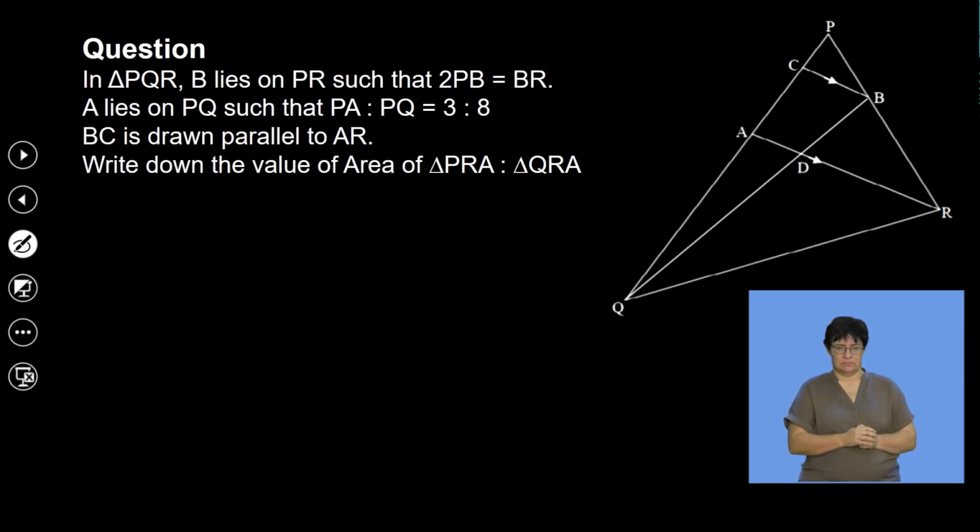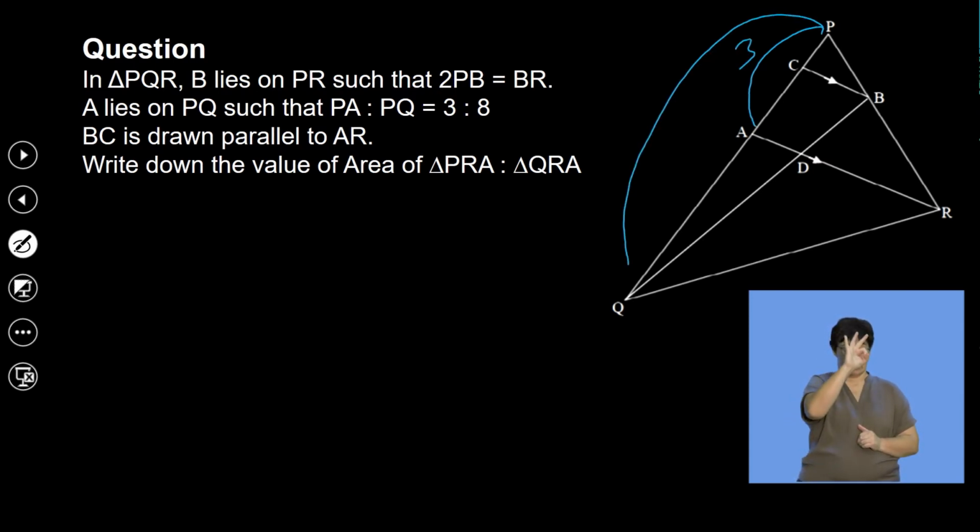Now, let's see what the questions will be. Write down the value of the area of PRA and QRA, right? Firstly, we're going to write everything that we know. We know that this PA here is in the ratio of 3 is to 8 to my PQ there. And also I know that my BR is 2x when my PB is x.